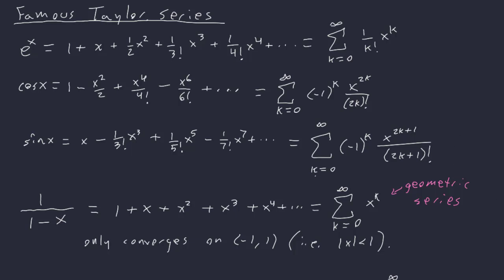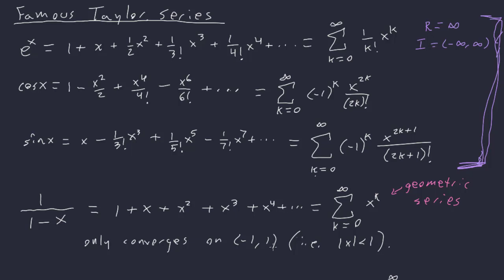Now here, for e to the x, our radius of convergence is infinity. Our interval of convergence is negative infinity to infinity, and that's true for all three of these. These will converge everywhere.